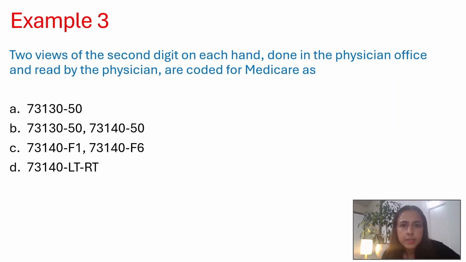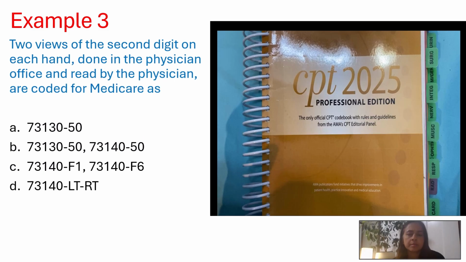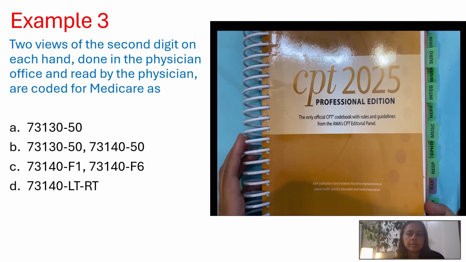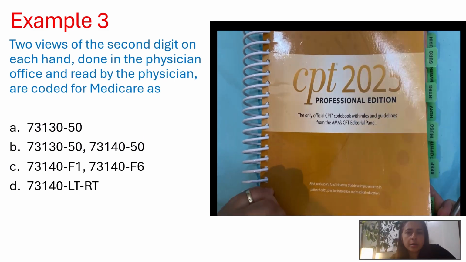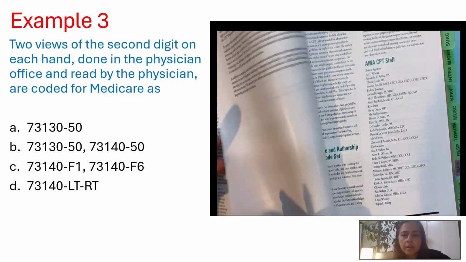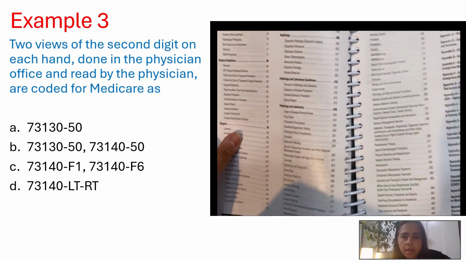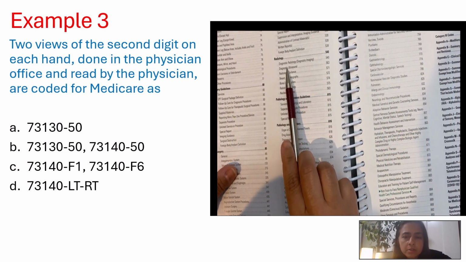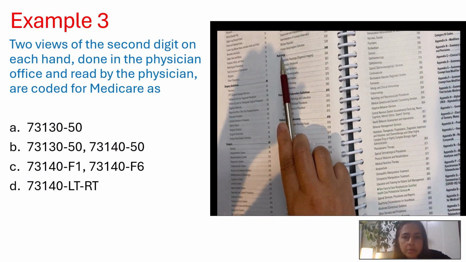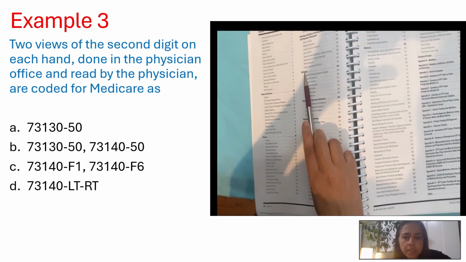Our next example is 2 views of the second digit on each hand done in the physician office and read by the physician, coded for Medicare as. So here we'll go to the front part of the book, and we'll go under the list of radiology, and from there we'll go to the diagnostic radiology.